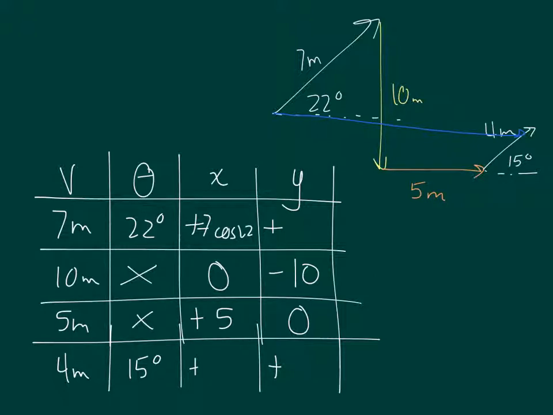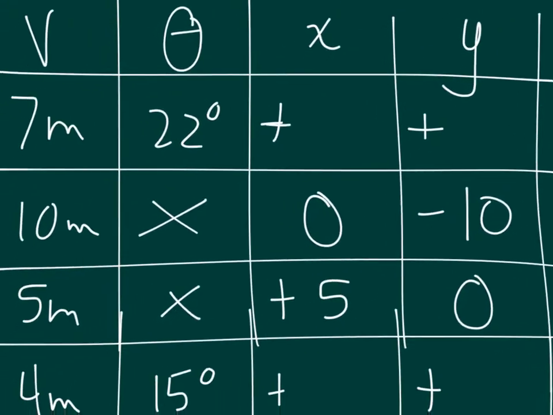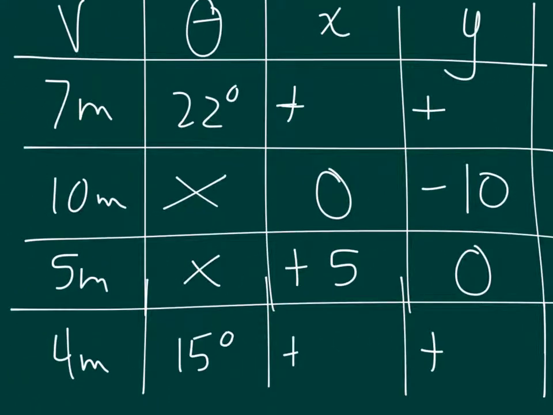I'm going to zoom in again here, actually. Give me a sec. You probably can't see this. Let me zoom in and do this better. So in this spot, put 7 cosine 22. How do you find the y component of a vector?